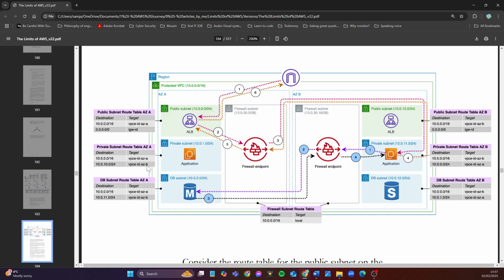And this is actually pointing to the endpoint ID in availability zone B. Again, I'll say that again. So this private subnet here is in possession of a route to the VPC endpoint in availability zone B, which is over here. So it's pointing to this firewall.